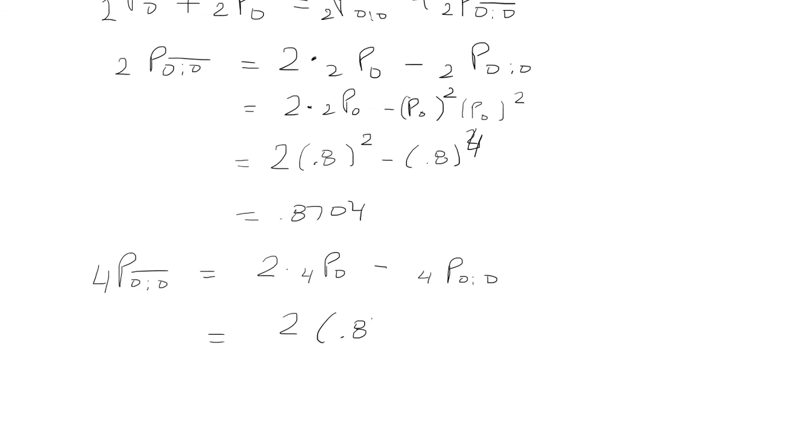So the probability of advancing each round is 0.8. We're advancing 4 rounds, so that's to the 4th. Like that. And so the final answer is 0.6514.